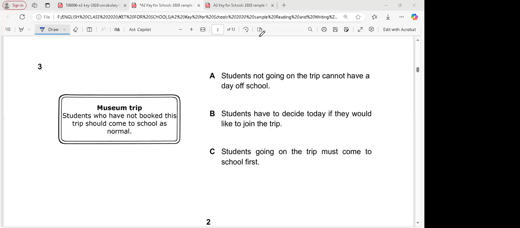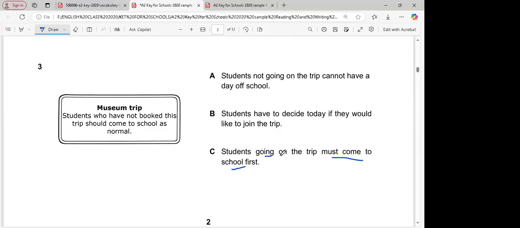Now, Linaya, I'll ask the question from Linaya. What was your answer? C. See, students going on the trip must come to school first. Is it mentioned anywhere?